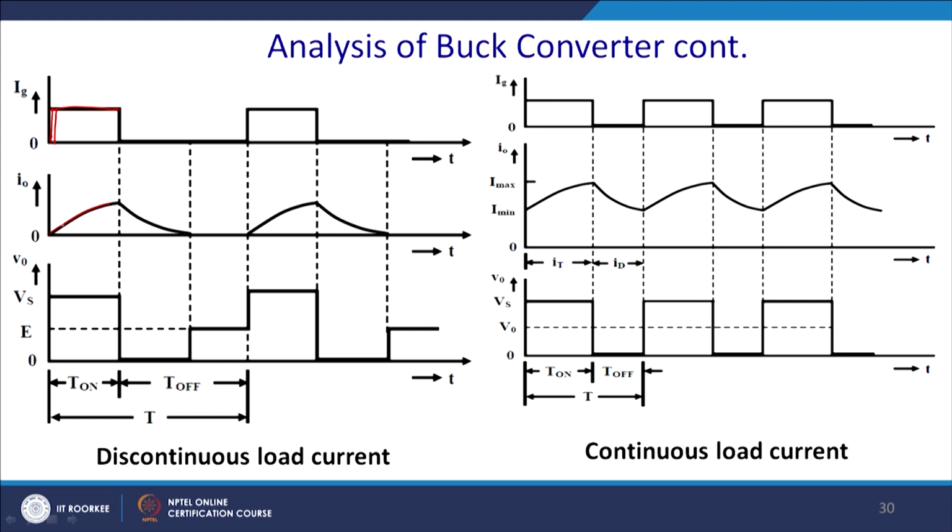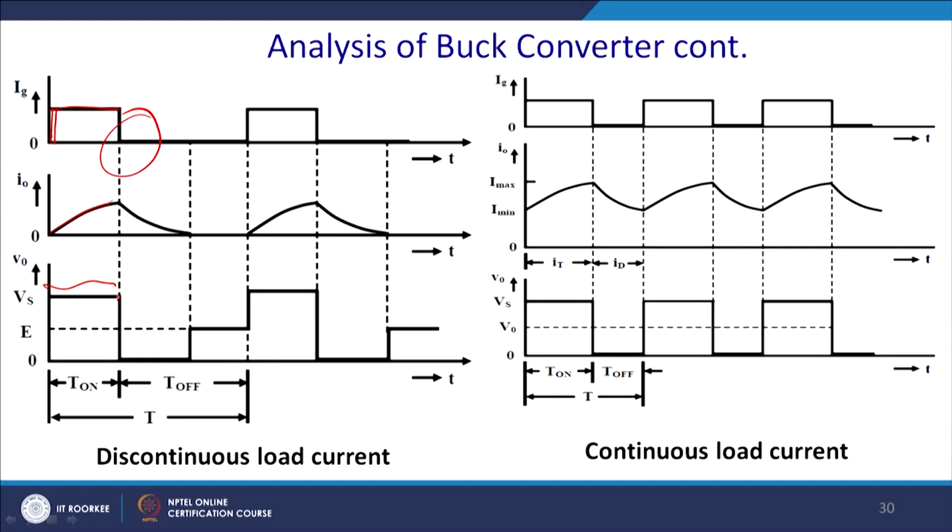So, current will flow like this, and accordingly the load will get the voltage Vs, where this dotted line corresponds to the value of the back EMF or the battery voltage. Here you have turned it off by forced commutation, or if it is an IGBT, by withdrawing the gate pulses.